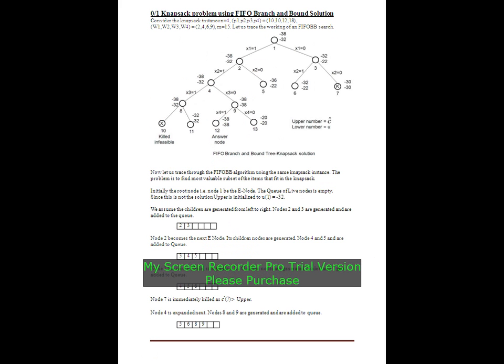Coming to the FIFO-based branch and bound solution. Here consider the same knapsack problem. But the only difference between these two is that here you can expand all the nodes at each level. So first, we are expanding, considering the initial calculation minus 38, minus 32, considering the 3 elements, including the fraction, excluding the fraction: minus 32, 10 plus 10 plus 12, this is u, and 10 plus 10 plus 12 plus 3 by 9 into 18, that is 6, minus 38.